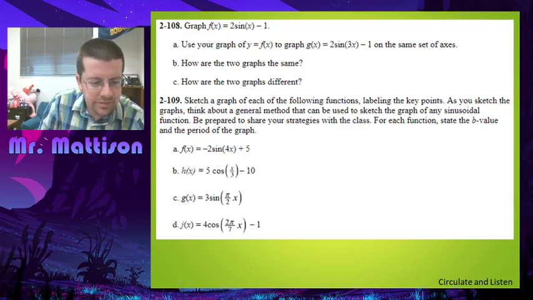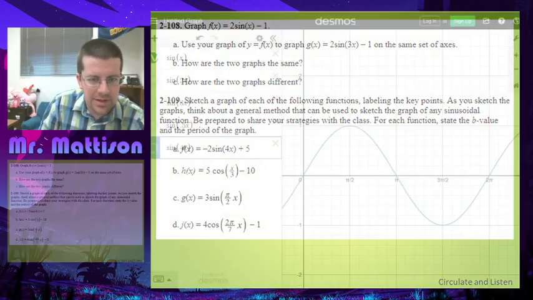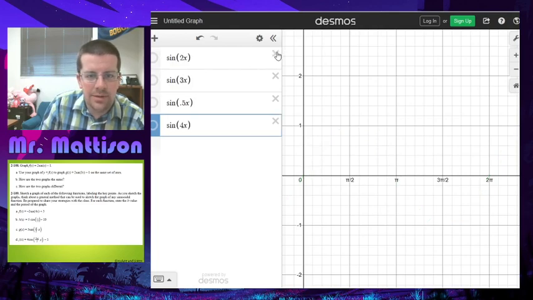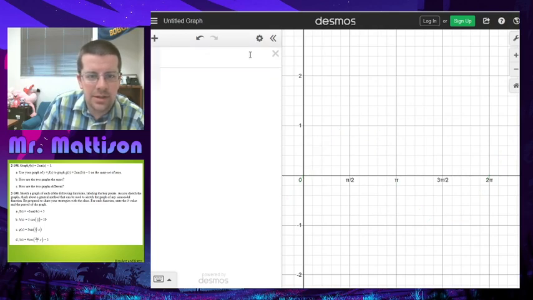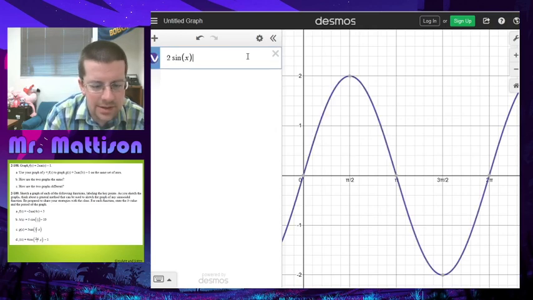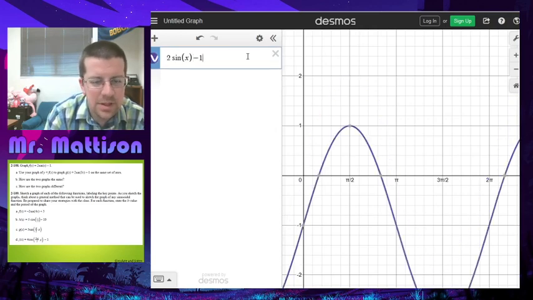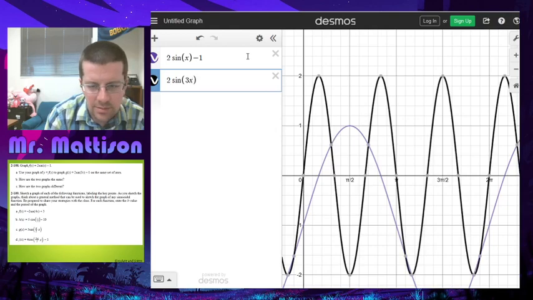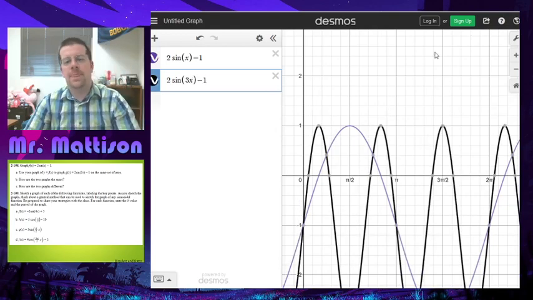So if we graph both of those at the same time, let me just turn off all these graphs. So our first one was 2 sine of x minus 1, and then 2 sine of 3x minus 1, right?